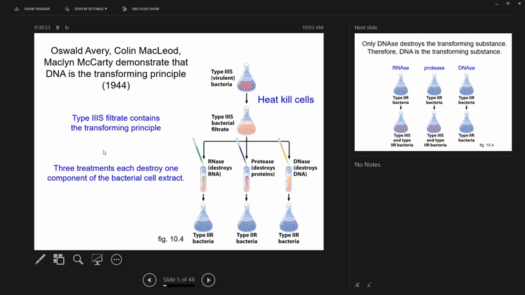So you lyse open the cells and pass them through a filter, and this is important, a filter that is so small that no cells can get through it. So this isn't only heat killed cells that can't grow, but this is the lysed up soup that comes when you break the cells open, and there's guaranteed to be no whole cells, live or dead, in that filtrate.